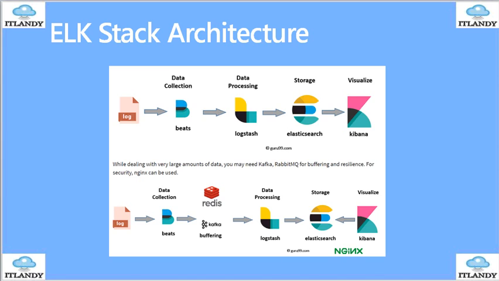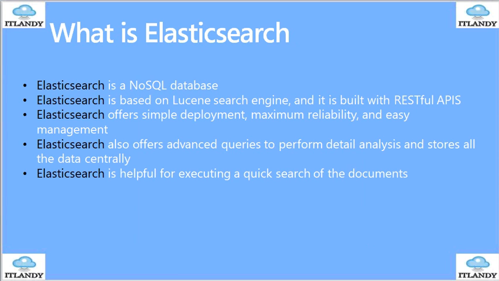Now, what is Elasticsearch? Let's recover the three components, and then we will finalize. Elasticsearch is basically a NoSQL database, flat files. It's based on Lucene, a search engine, and it's built with REST APIs. It offers simple deployment and maximized reliability. Elasticsearch allows you to store, search, and analyze big volumes of data.